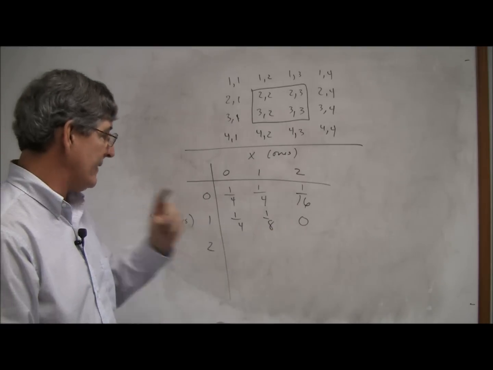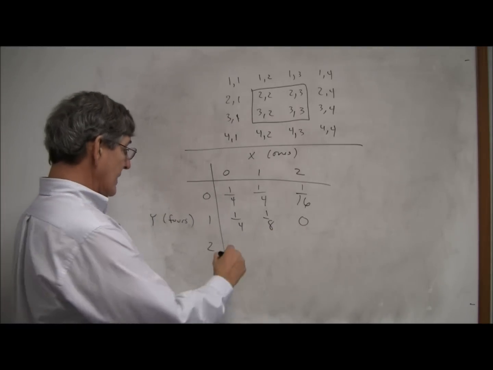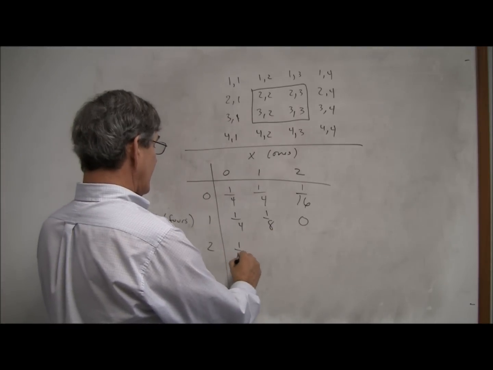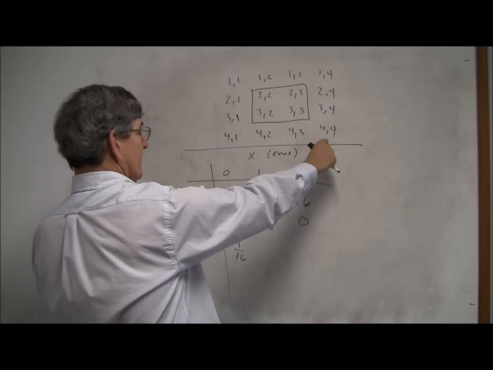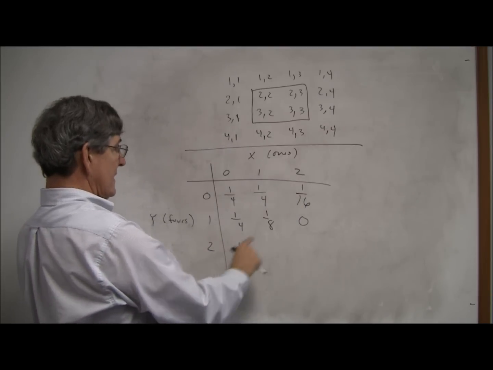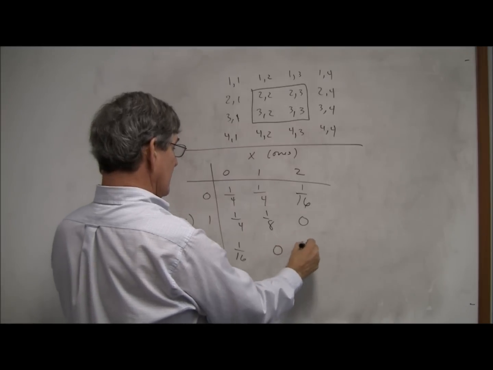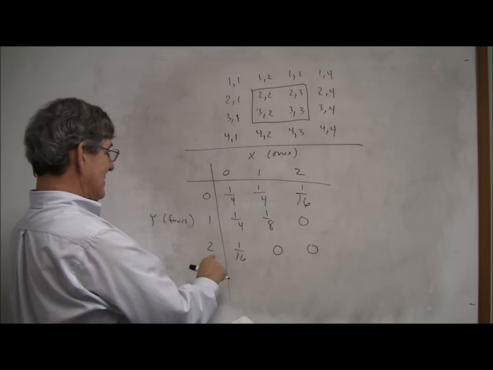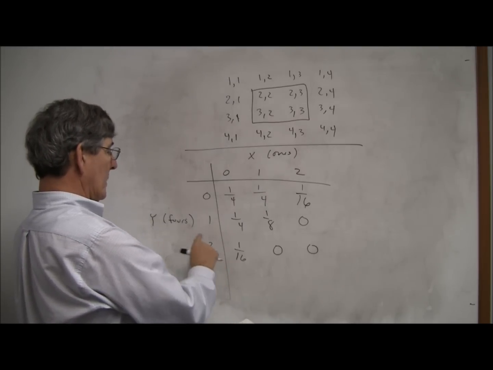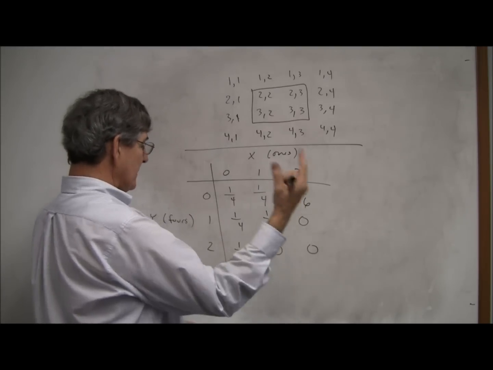So the probability of that is 0. That's not even feasible. This one's 1/16 again because there's only one way to get 2 4s. This means 2 4s and no x's. And the other 2 are 0 because we can't get 2 4s and any x's. And so those are all 0.